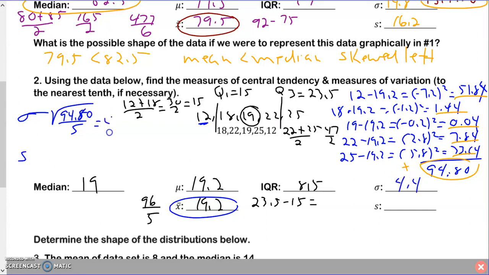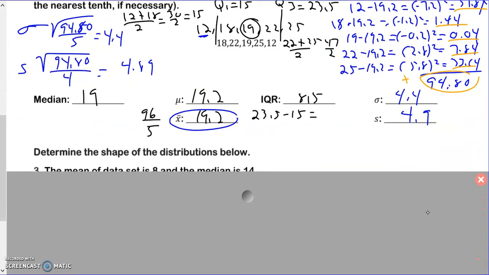So that's my answer, 4.4. Then to get the sample one, I take 94.80 and go one less, which is 4, and I get 4.89, which would really be 4.9 if you round.